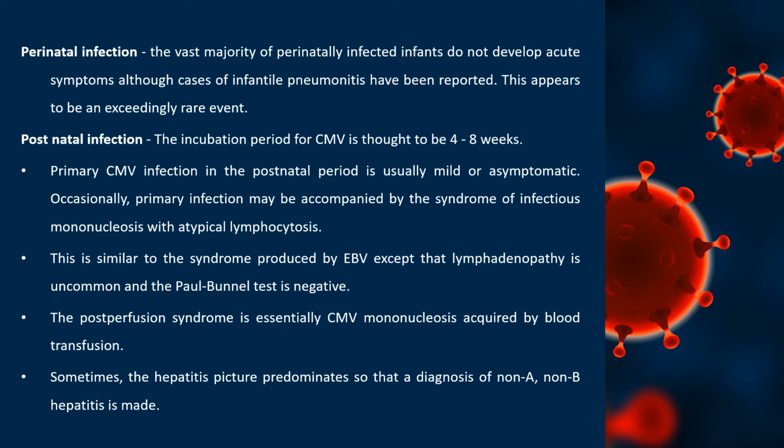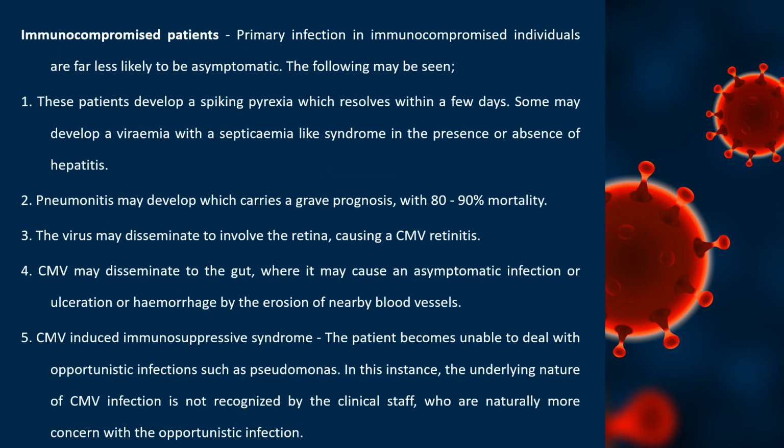This is similar to the syndrome produced by Epstein-Barr virus, except that lymphadenopathy is uncommon. And the post-perfusion syndrome is essentially CMV mononucleosis acquired by blood transfusion. Sometimes the hepatitis picture predominates, so that a diagnosis of non-A, non-B hepatitis is made.